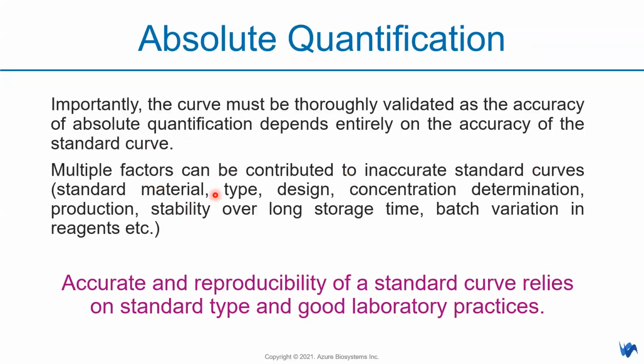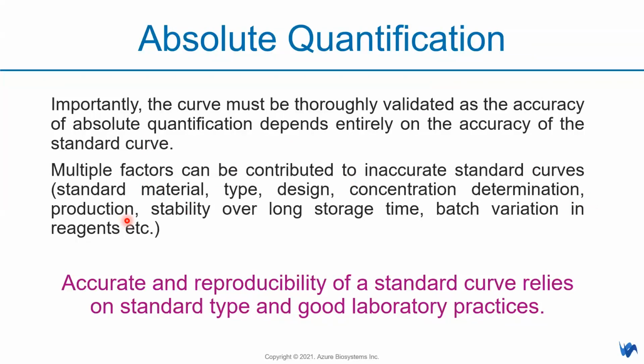For example, the material of your standard, the type of your standard, how you design the standard, maybe even the concentration you put in to generate the standard curve, and production of the standard curve. For example, whether you go for commercial or self-generate the standard.